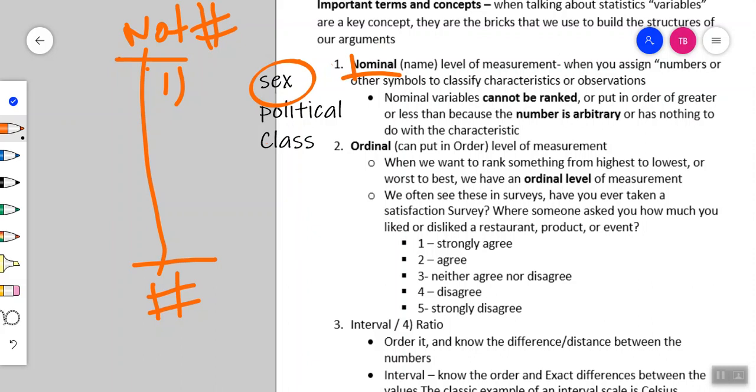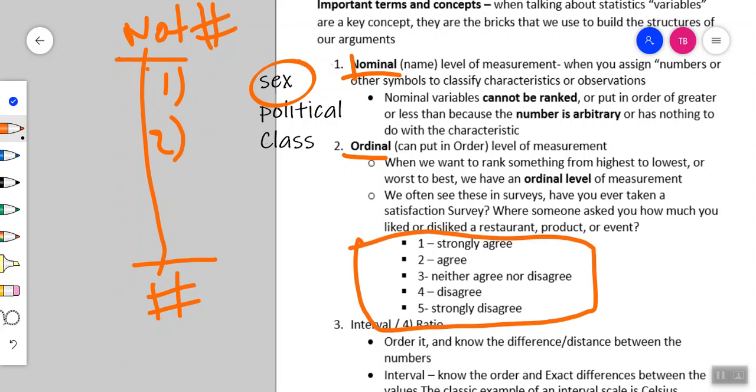Okay? Second one, and this will make more sense as we go through it. Ordinal. So it's a little bit closer to numbers because, and I have it highlighted here for you to remember, it can be put in order. So we often see ordinal levels of measurement if you've ever gotten a survey before, whether it's for a class, maybe for a restaurant.